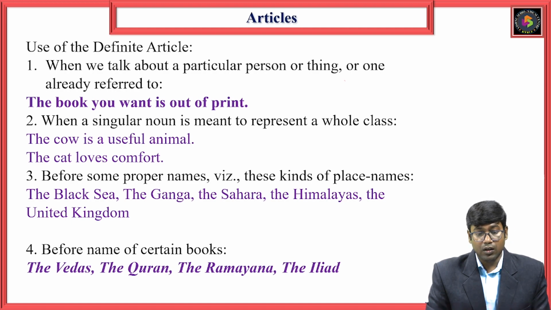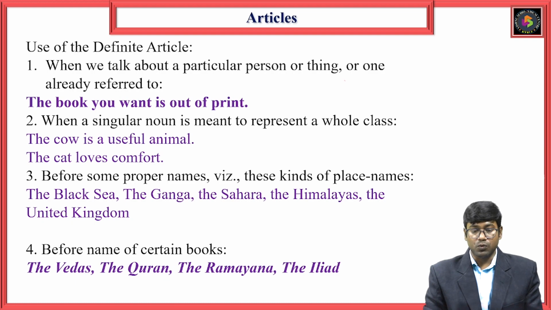In this way, before some proper nouns, those kinds of place nouns, you can add the. And the next section I am going to discuss is before certain books, very specific books, such as the Vedas, the Quran, the Ramayana, the Mahabharata, the Iliad, the Odyssey, the Aeneid, the Bible. Before these very certain books we can add the definite article.